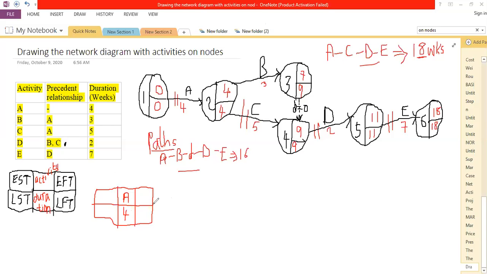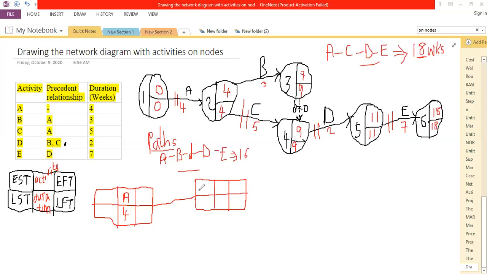Then activity A becomes the predecessor of activity B and C. It's important that you draw the network first before you fill in the nodes, the durations and the earliest and the latest times.